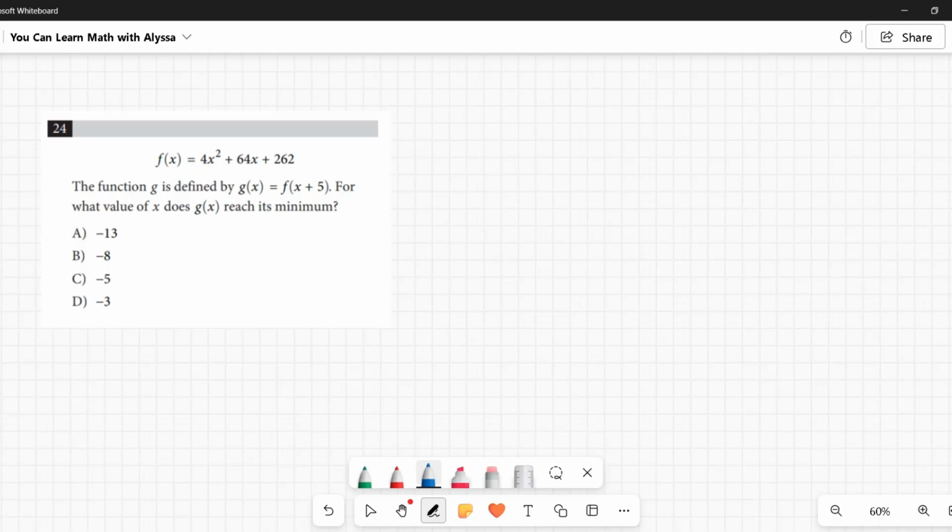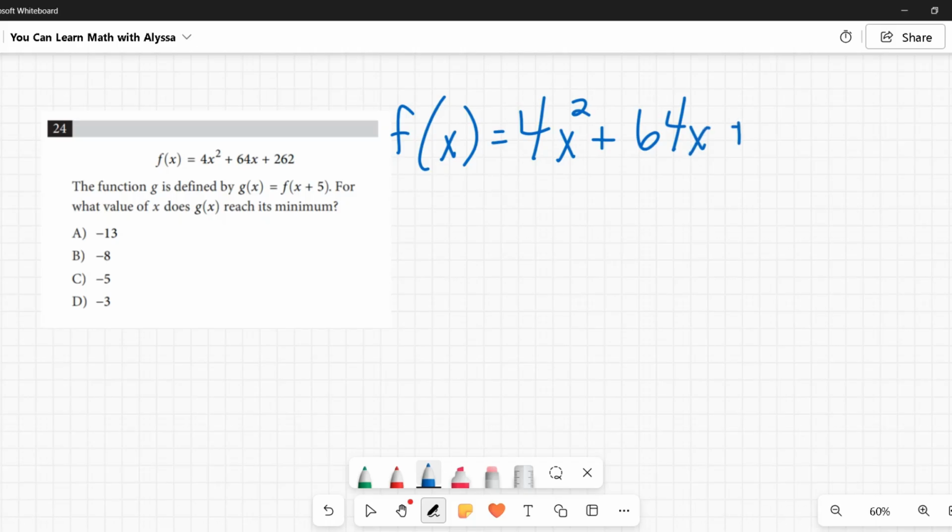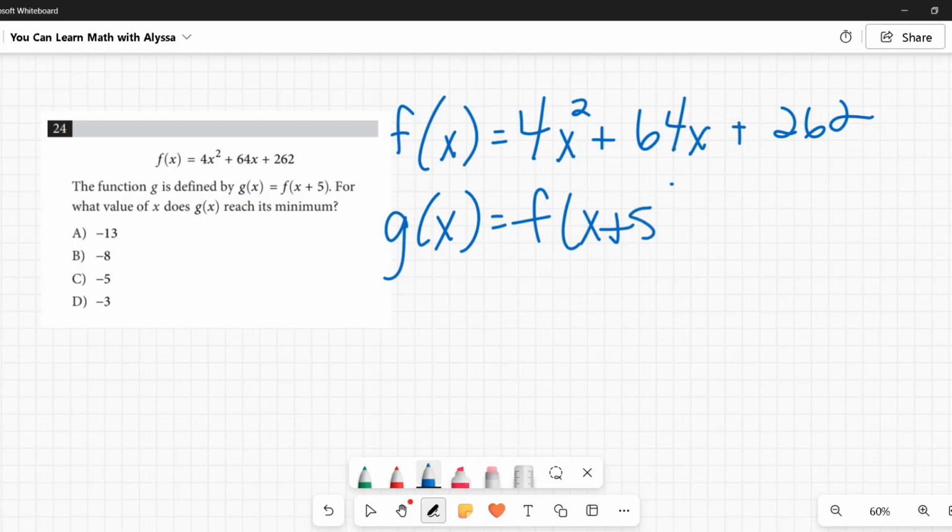Just like I think it was 22, same sort of premise, where we have an f of x that is given to us, f of x here, 4x squared plus 64x plus 262, and we're told g of x is f of x plus 5, meaning everywhere in the original f of x where there is an x, we want to replace that with x plus 5.